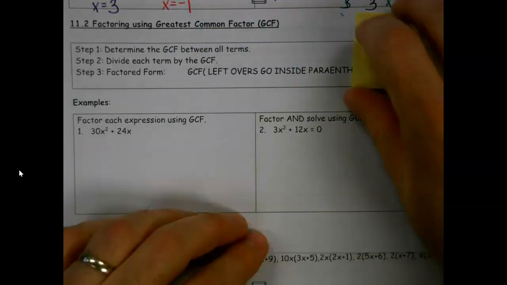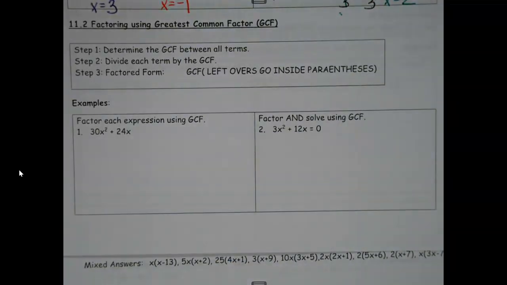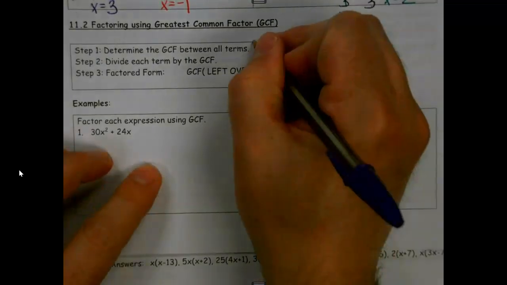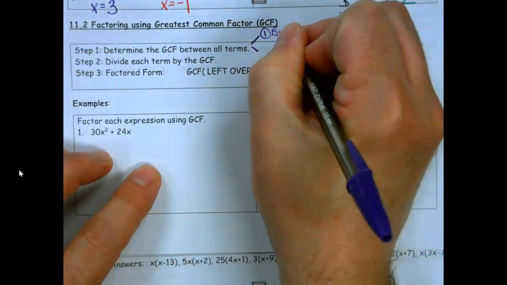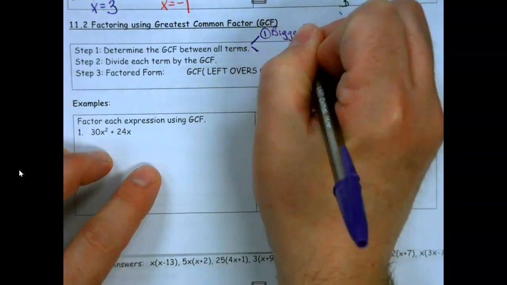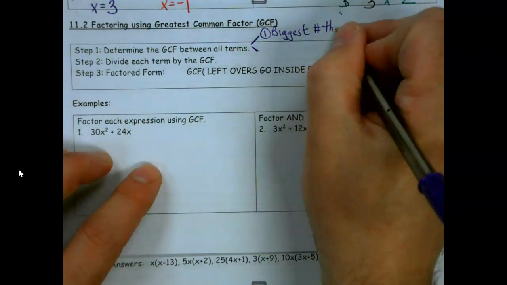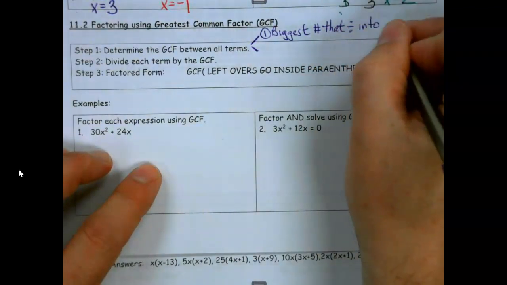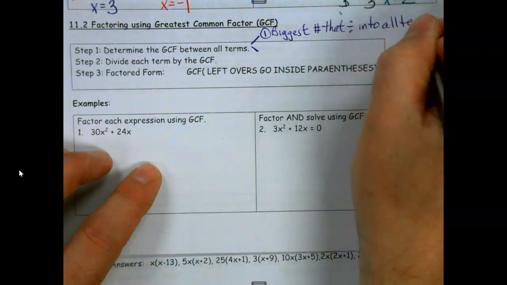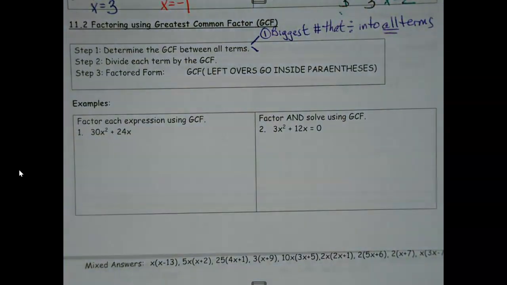So, here's how this works. There's a couple of ways we can tackle this. We are looking for two things mainly here. And that is the biggest number that you can divide into every term, not just one, not just two, or if there's three, not just three, all of them.